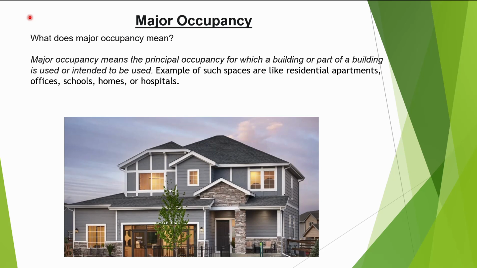Examples of such spaces are residential apartments, offices, schools, houses, or hospitals. As we're focusing on Part 9, which covers small buildings or homes, this is a major occupancy. A house is a major occupancy.